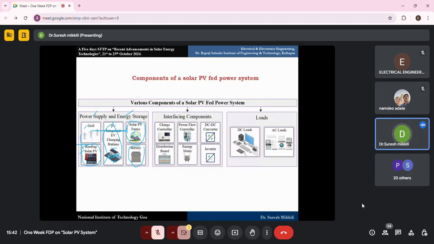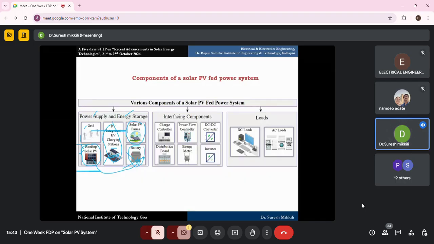In that case, if loading is not there and excess power is available, it can be stored in the batteries. Sometimes during morning or afternoon, when there is excess power beyond the loading condition, it can be stored in the battery, and during night time, whenever the sun is not there, it can be taken from the battery.